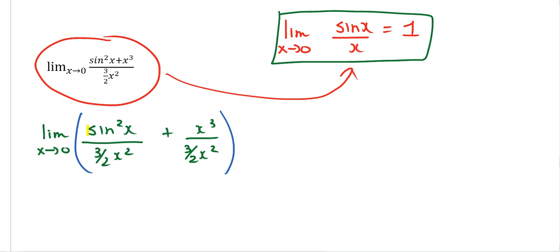And this expression right here, sine squared x, means we're taking our sine and multiplying it by itself. So that 2 means we need 2 sine x's.